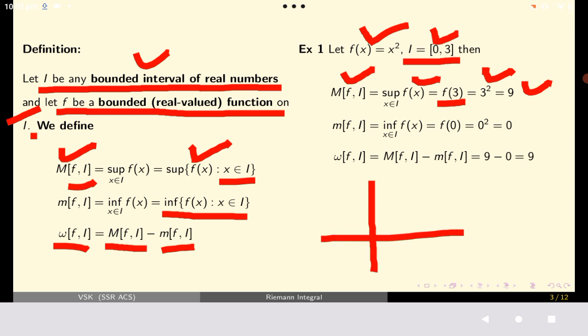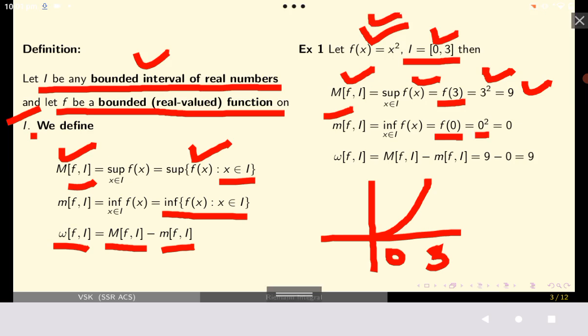Because fx is equal to x square is an increasing function between 0 and 3, so the maximum value will be obtained at 3. Similarly, the small mfi, that is the infimum value, will be obtained at f0, and its value will be 0 square, that is 0. Then the wfi, which is this minus this, will be 9 minus 0, so it is equal to 9.